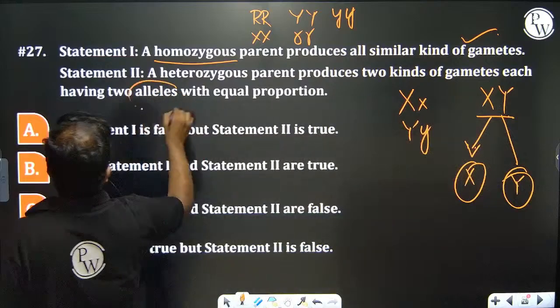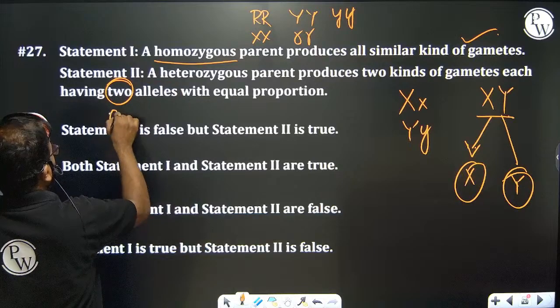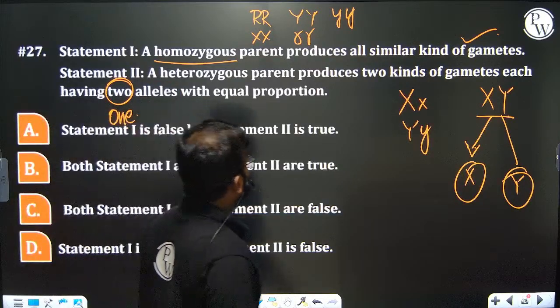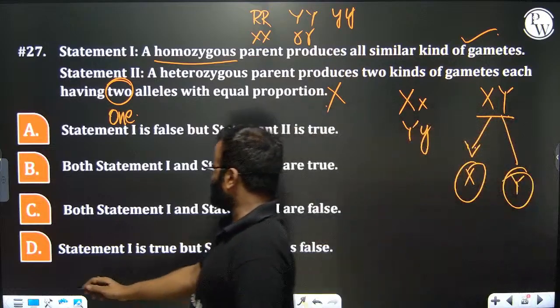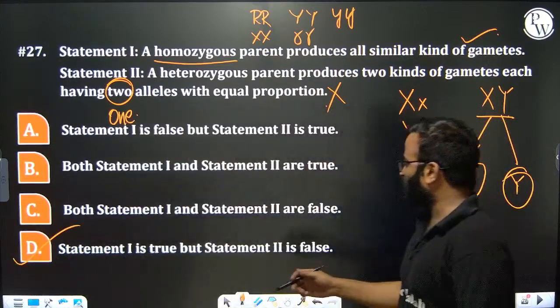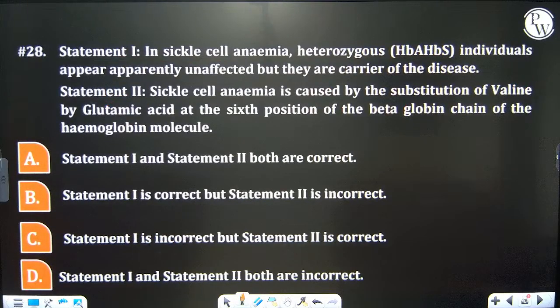It should not be two. It is one. Then it would have been correct. So this is false. Which one gives that answer? Statement 1 is correct, statement 2 is incorrect. So option D will be the right one. Next.